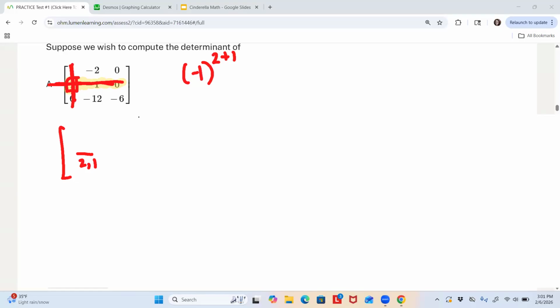Don't know why my pen is so fat. Let me make it less fat. Okay? And then you times by whatever number is in that position. So we have a 1 there. Oh, I didn't mean to get my highlighting gone. Let me just take the red off. There we go. So we have a 1 in that position, and then we do the determinant of the cross. So what's left? -2, 0, -12, -6. Okay? And then we'll figure that out in a second.